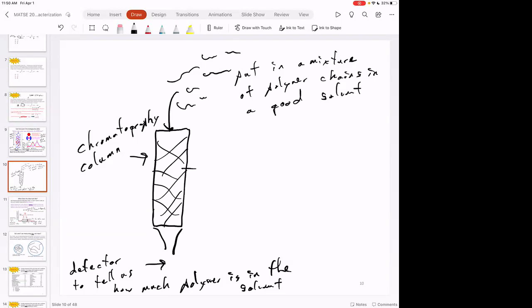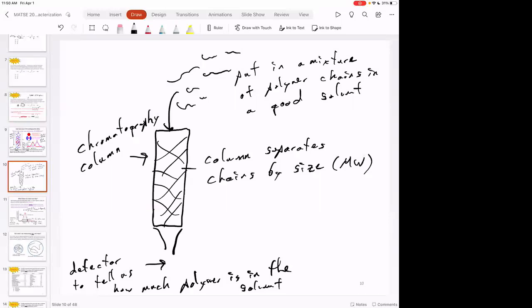And what the column does is the column separates chains by size, and that is an indication of molecular weight, as you'll see in a second.